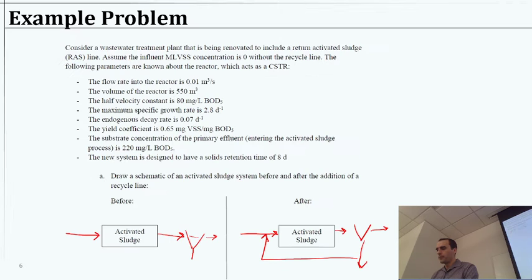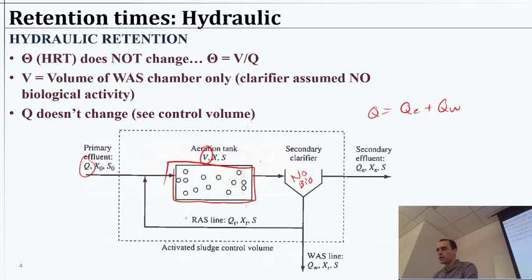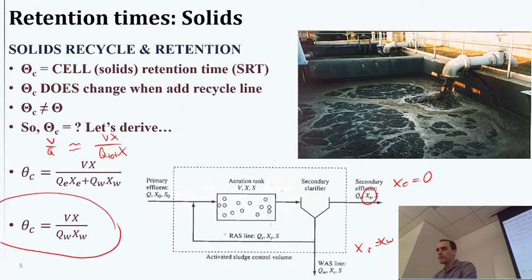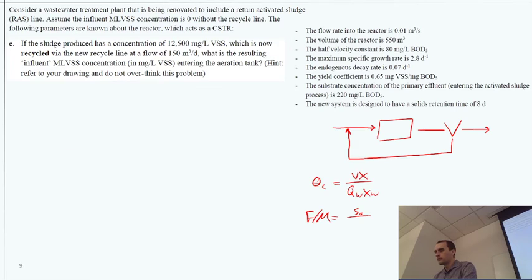I'm just going to flip back real quick to make sure I get this right. Q S naught over Vx. All right, so take a few minutes, work on that, see if you can get the answer here to part E. I'll be back in just a moment.